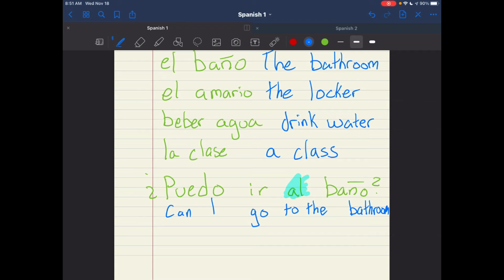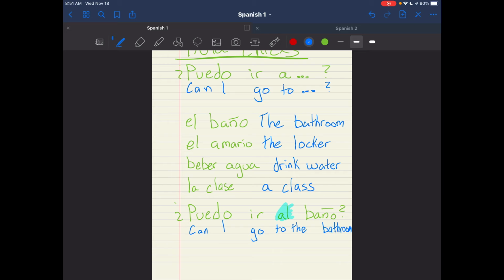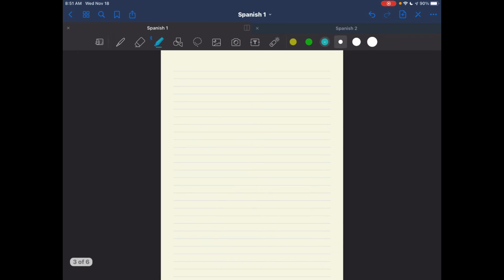Okay. So when you see al, it's just because, for example, I'm going to use a highlighter tool. With el baño and el armario, they both start with L, right? So I'm just going to go to another page. So when you see a word that is masculine and starts with L, right?